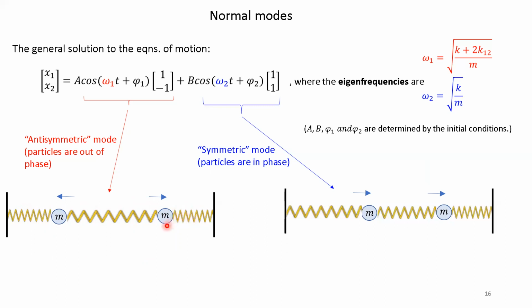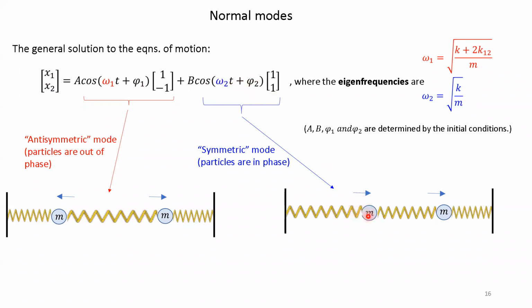So the next one is the so-called symmetric mode. What happens is that because you can see this 1 and 1, that means x1 and x2 are always exactly doing the same thing. They are doing the same oscillation.